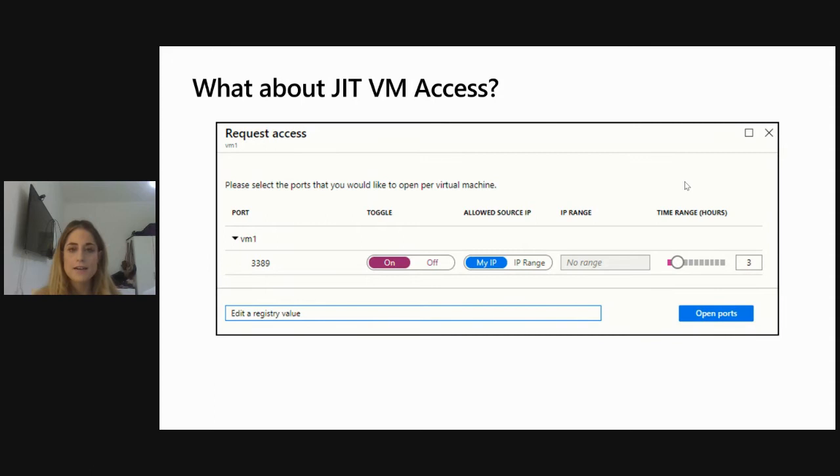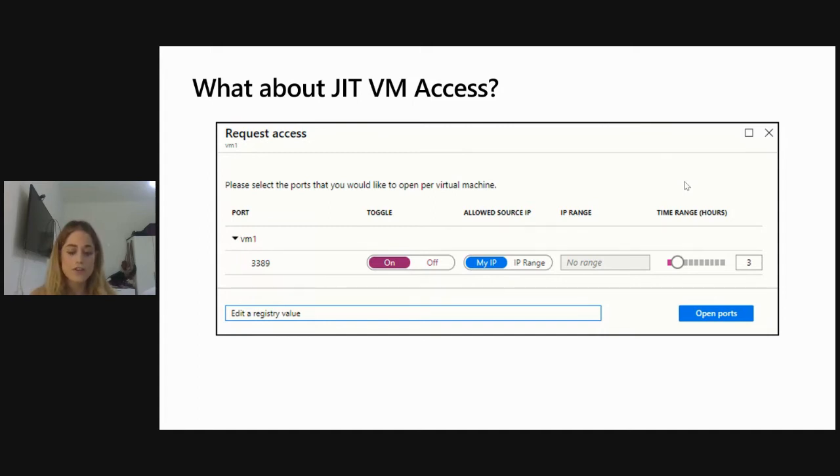Another thing that brings me back to least privilege is making sure that, just as we said, we have privileged identity management to provide just-in-time VM access, because some VMs shouldn't be accessible all the time, even if it's through a Bastion or something.